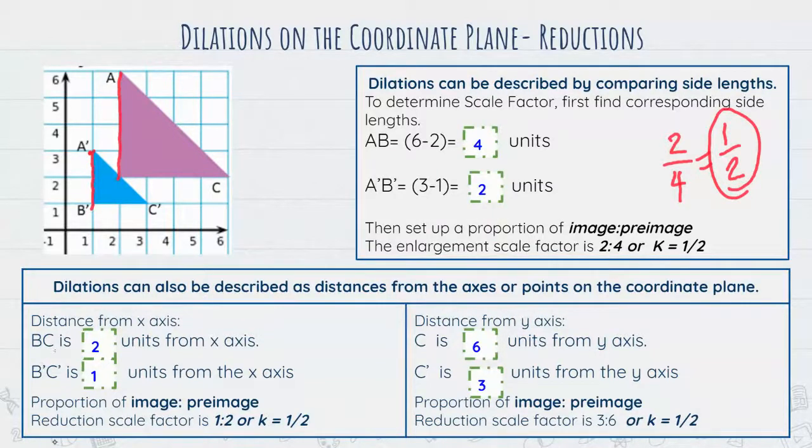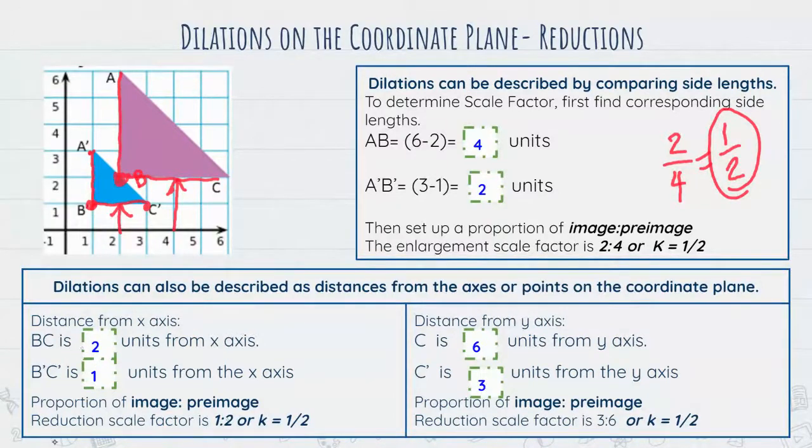All right, distance from the axis, we can also look at that. Point B, you can even take it as a single point, but this entire line here is 2 units away from the x-axis. B prime C prime, and you can take this as a single point also, is 1 unit away.